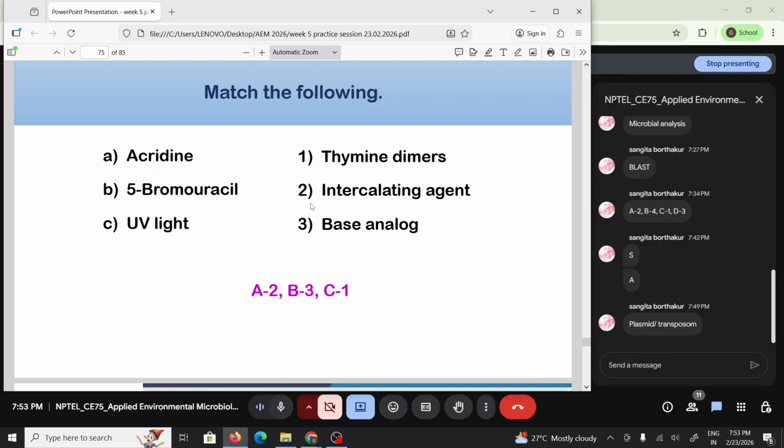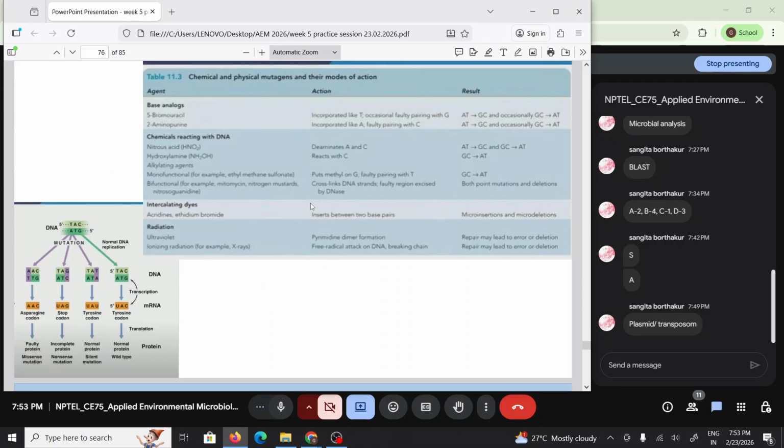So 5-bromouracil is a base analog, and UV light can cause the formation of thymine dimers, and acridine is an intercalating agent. All these cause gene mutation. So here you have a complete set of mutagens and what they basically do.